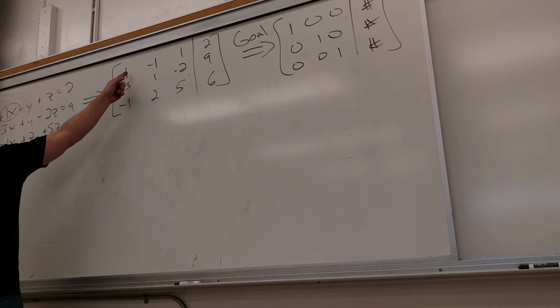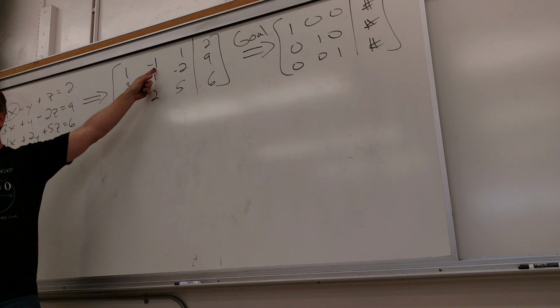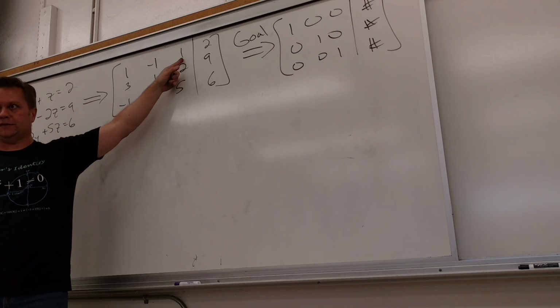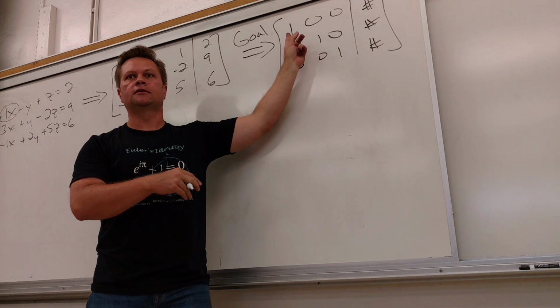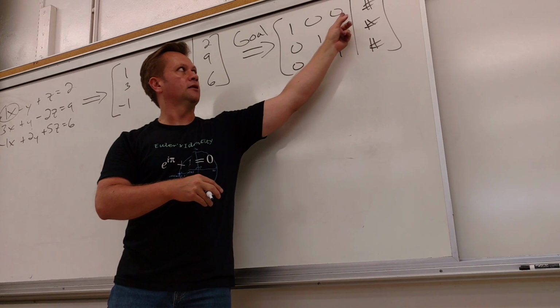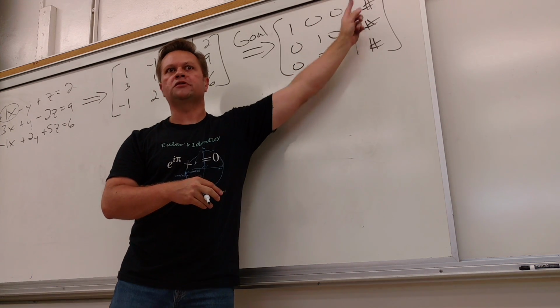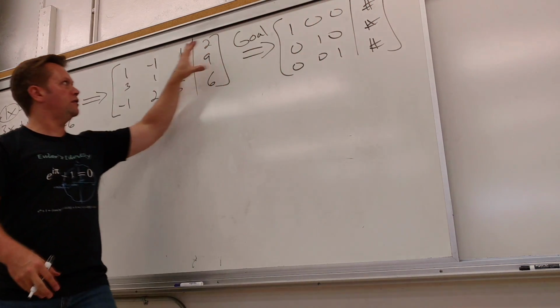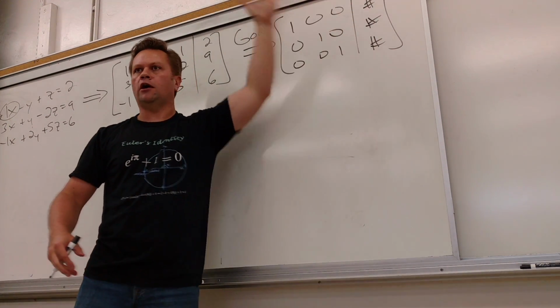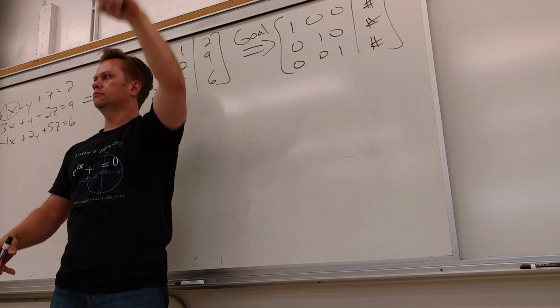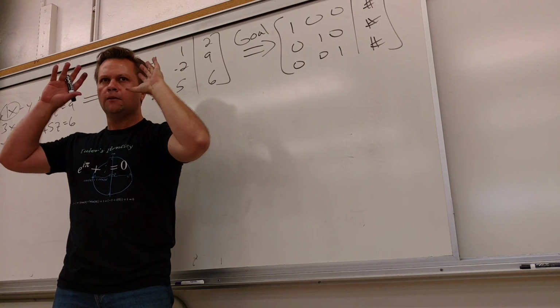This would be x minus y plus z equals 2. So what equation is this? X equals number. So if I can make this look like this, I can read the answer off in that last column.